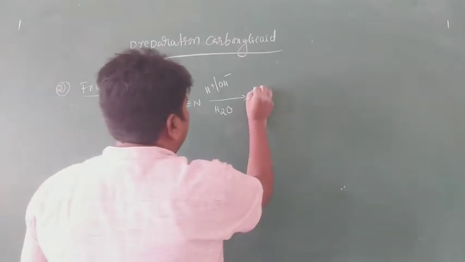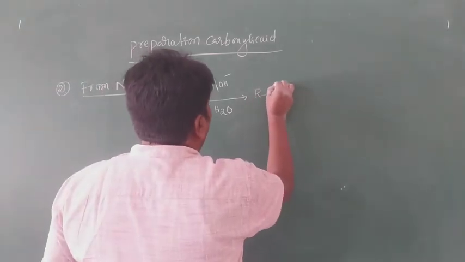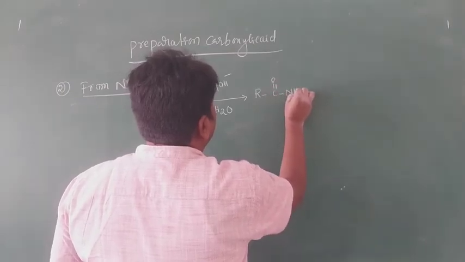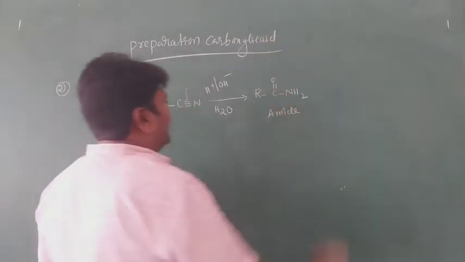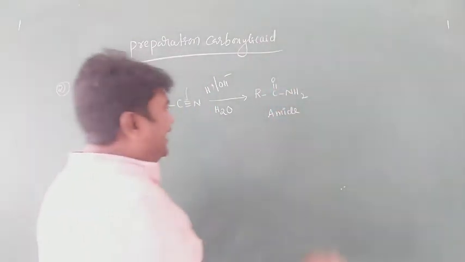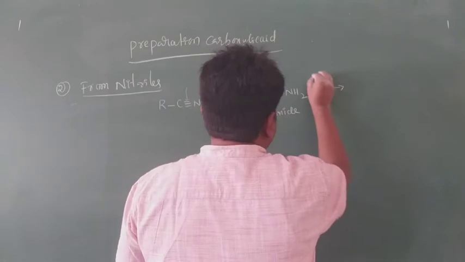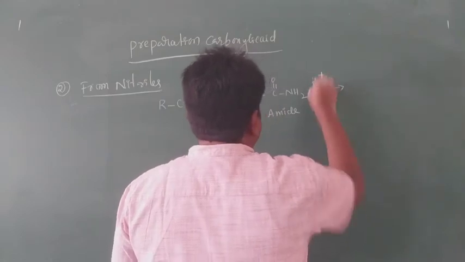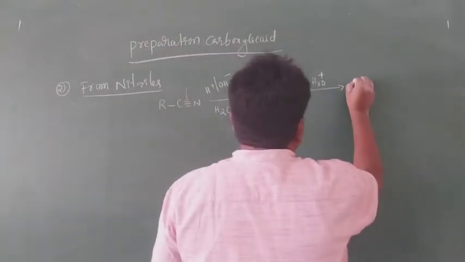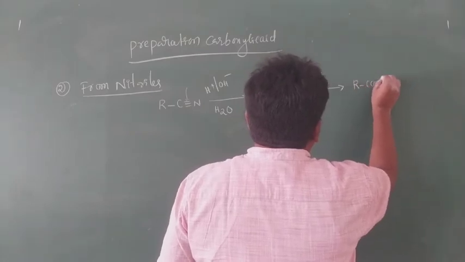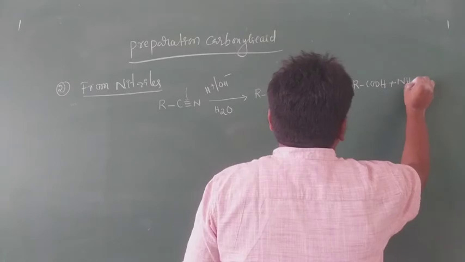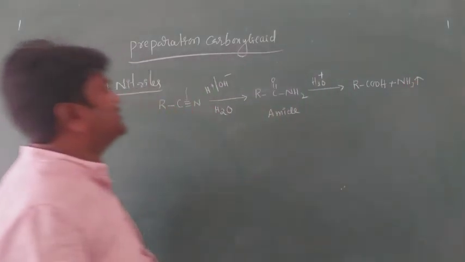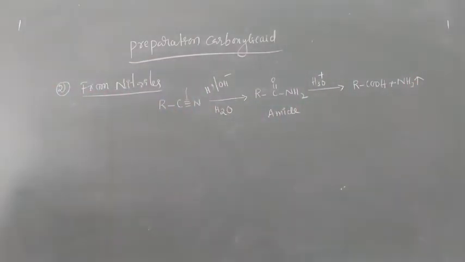Ultimately, you get R C double bond O, NH2. It is an amide. It's very important. The amide again undergoes hydrolysis. What happened here? You will get RCOOH and NH3 gas is eliminated. This is the preparation of carboxylic acid from nitriles.